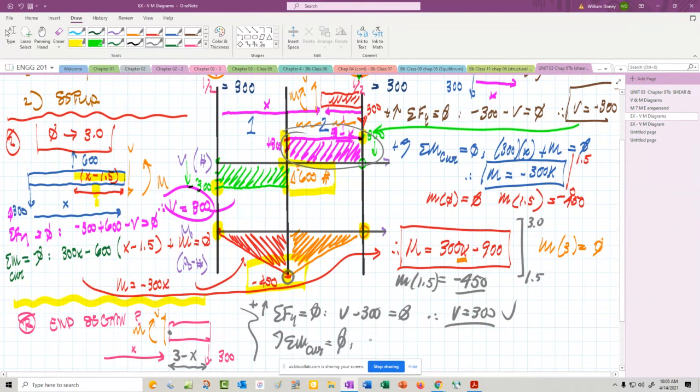And we sum moments about the cut equal to 0. We're going to get minus shear times 3 minus x minus m equals 0. I'll get the moment function to be 300x minus 900, which is exactly the same as we got right here.